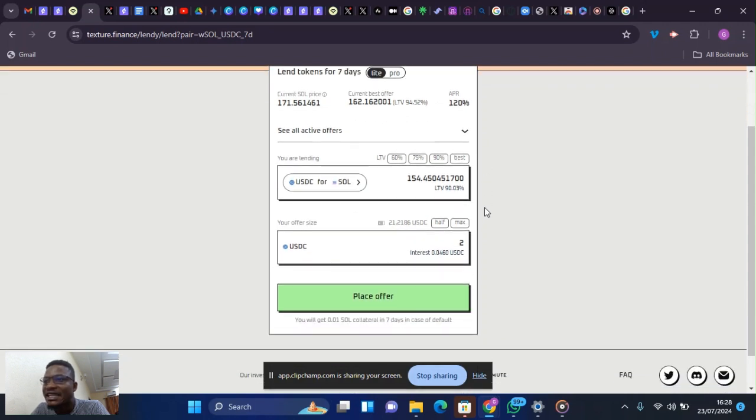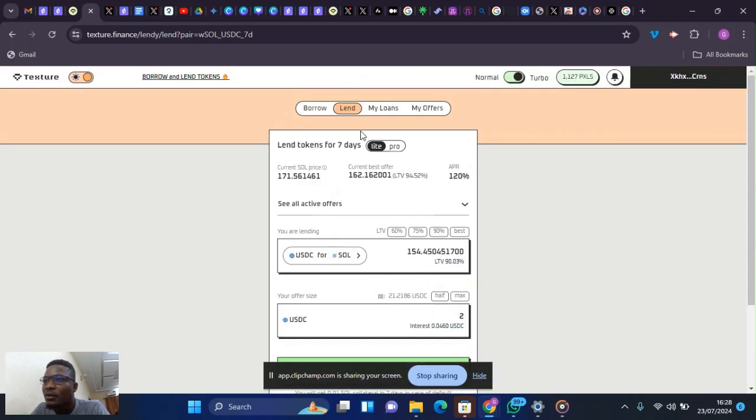Then I want to tell you a few reasons why you should use Texture to borrow, as against other lending protocols. You get high loan to value from about 70% to as high as 90% on Texture.